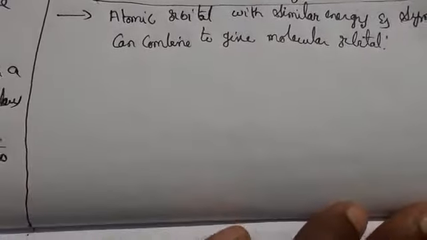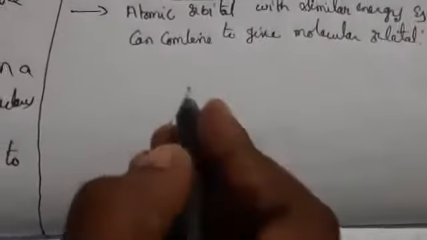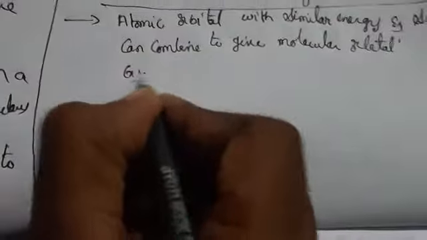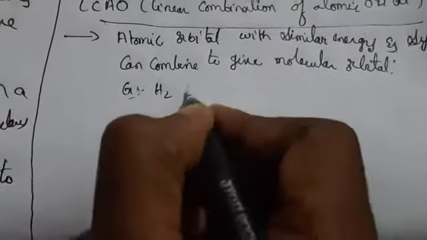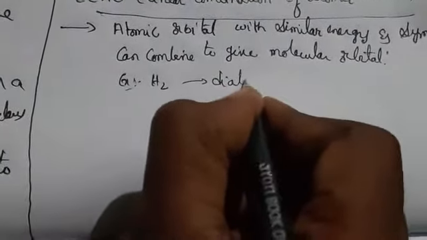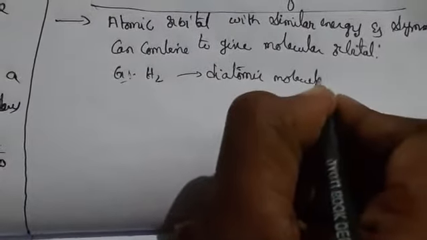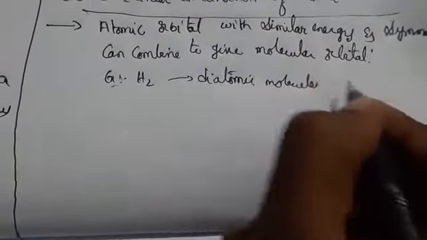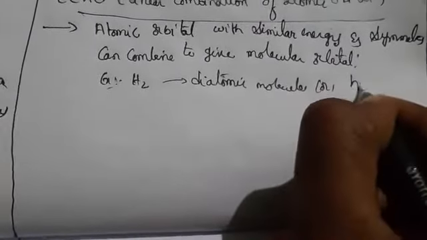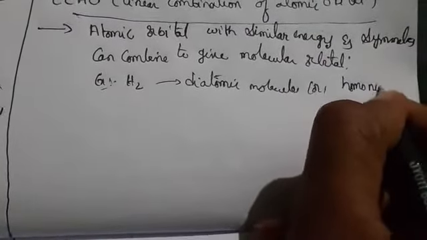If you take an example of the H2 molecule, this is a diatomic molecule, or we can say a homonuclear diatomic molecule.